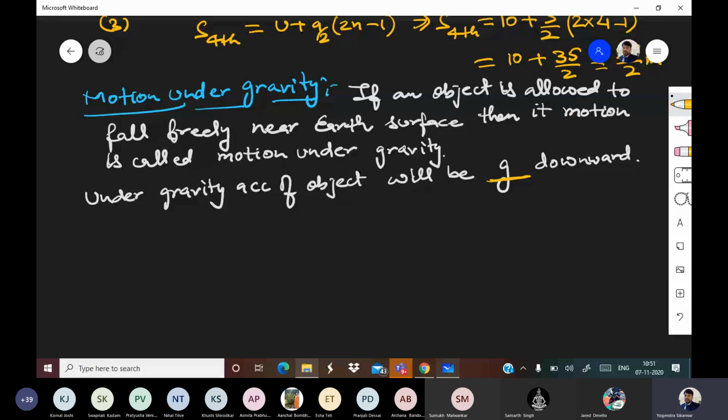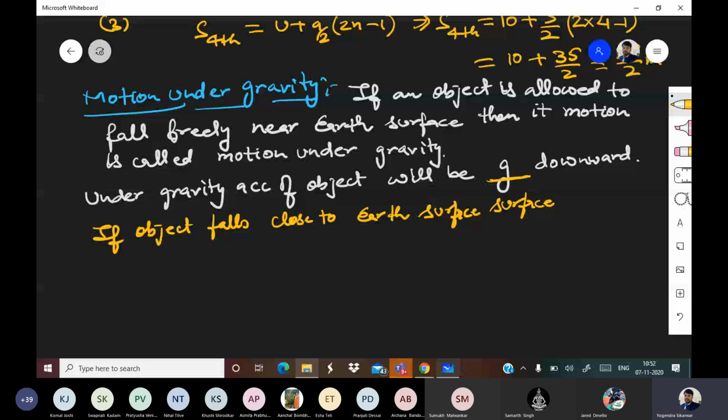Now, if object is falling close to Earth's surface, then value of g can be taken as constant. So if object falls close to Earth's surface, close to Earth's surface means very close, then g can be taken as constant.